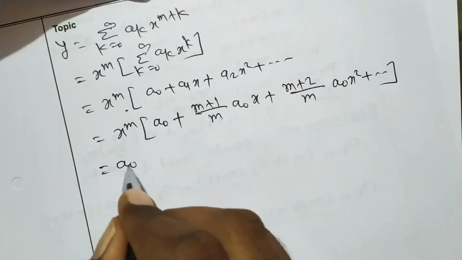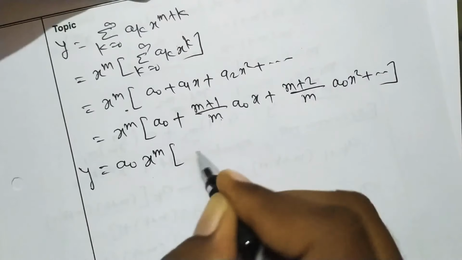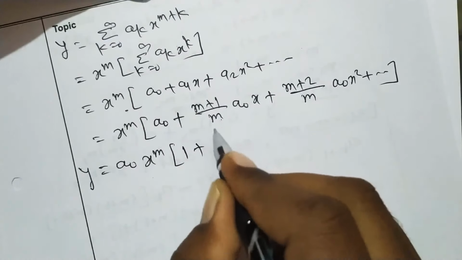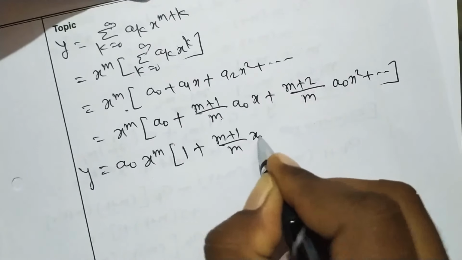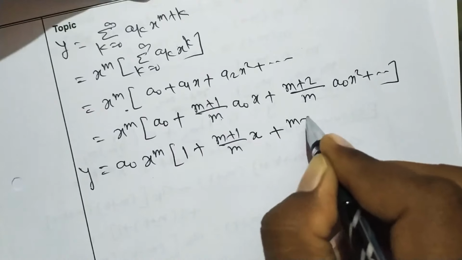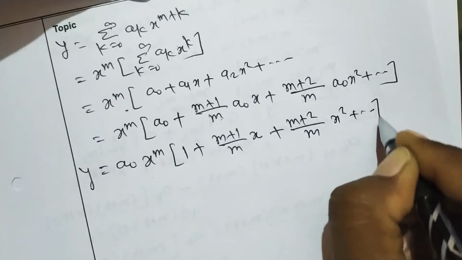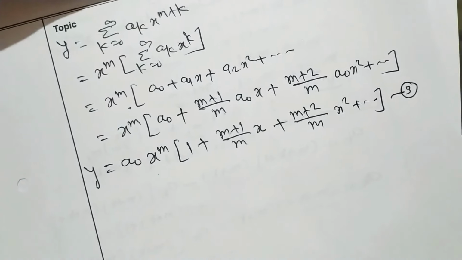So if we take a0 common, then y is equal to a0 into x raised to m, in the bracket 1 plus m plus 1 upon m into x plus m plus 2 upon m into x square plus so on. This is equation 3 say. Okay, so this is the value of y.